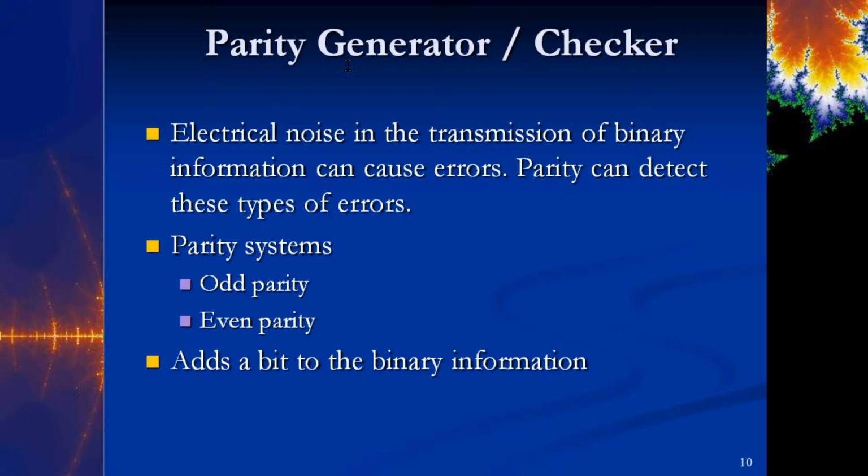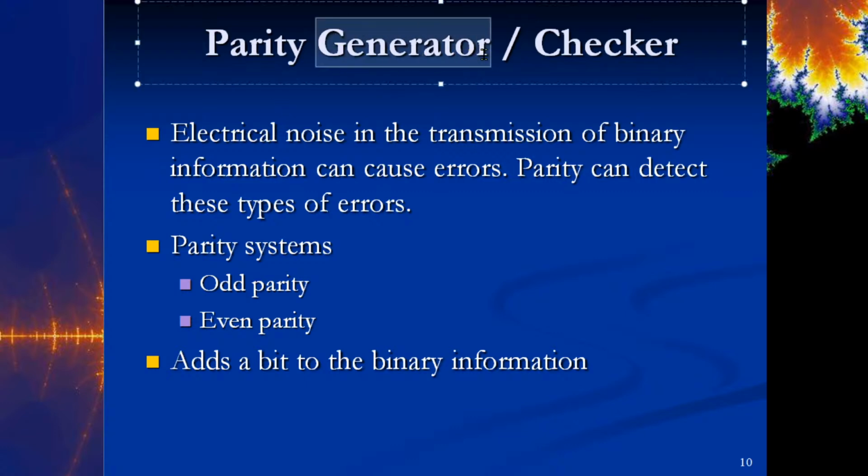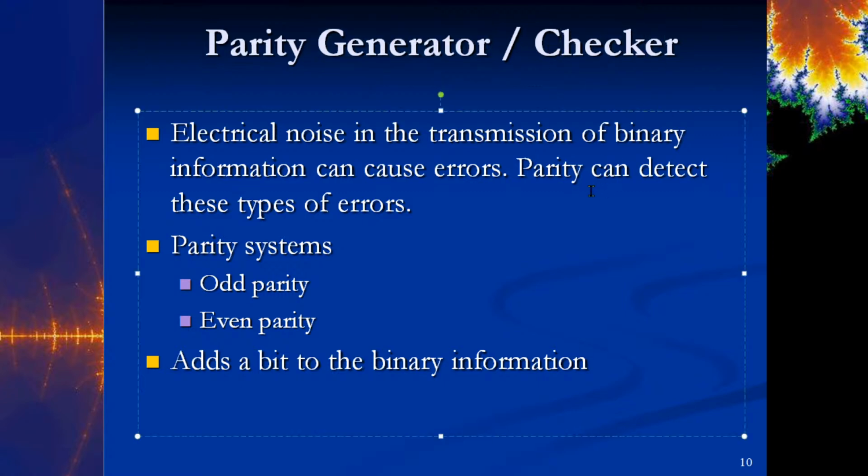So what we do is we kind of set up a handshake. The generator and the checker agree that you're going to send 7 bits at a time, or you're going to send 8 bits at a time, or you're going to send a start bit and then 8 bits and then a stop bit, right? There's some kind of a handshake that goes on between the transmitter and the receiver where you say, I'm going to use parity to detect any errors, all right?